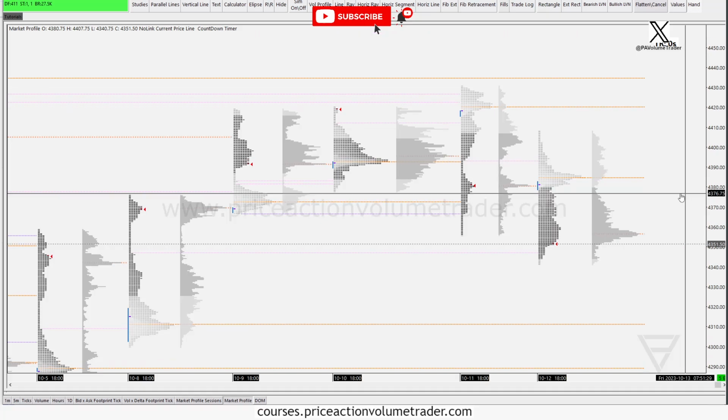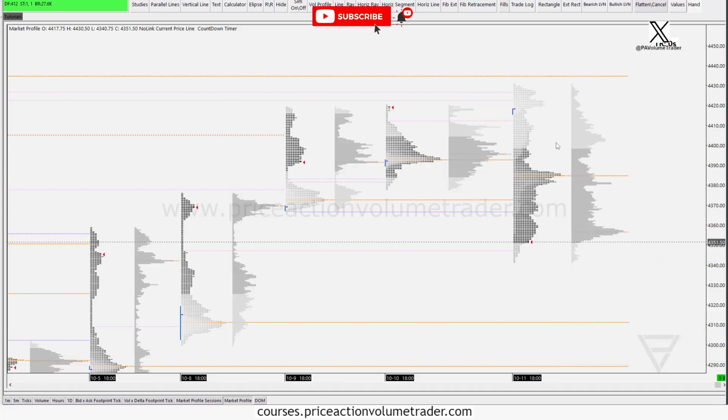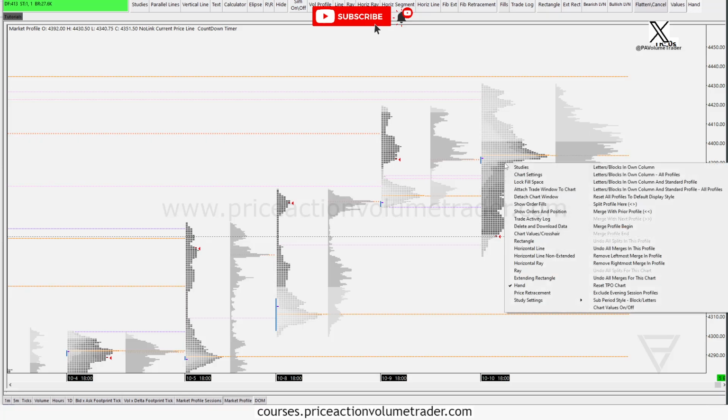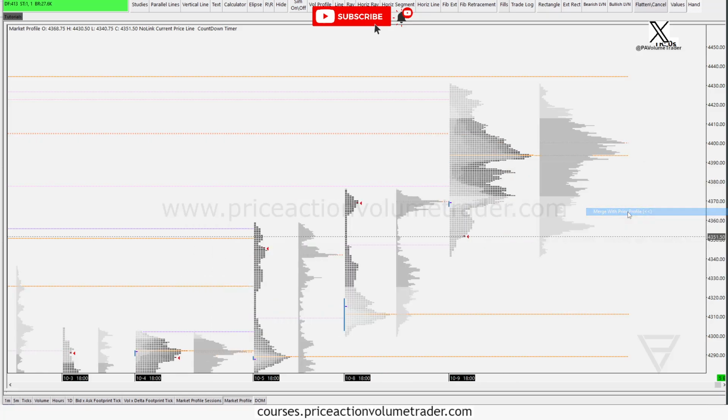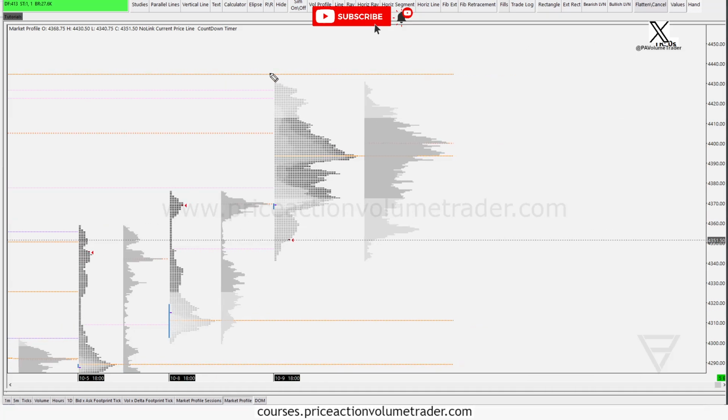So here on Sierra Chart, for example, I right click, merge with prior profile, right click, merge with prior, right click, merge with prior. So I took those 4 trading days and I made one big market profile of that price.